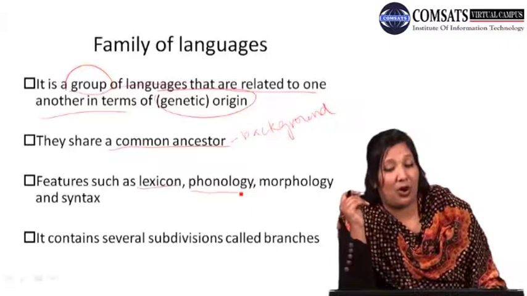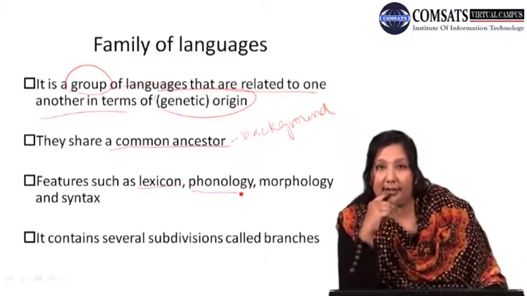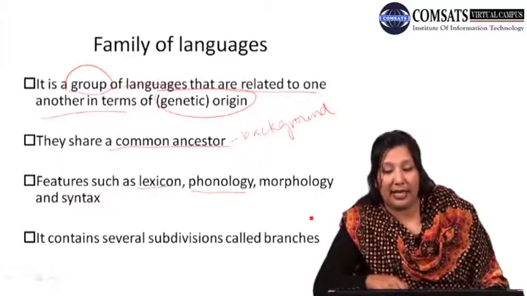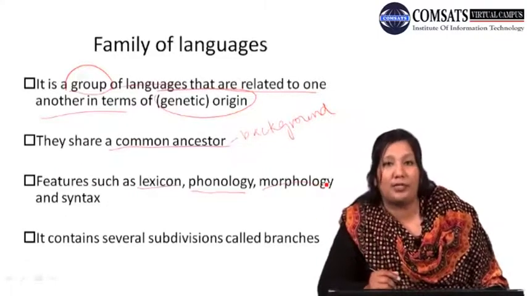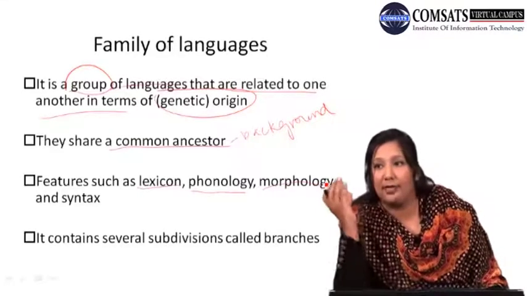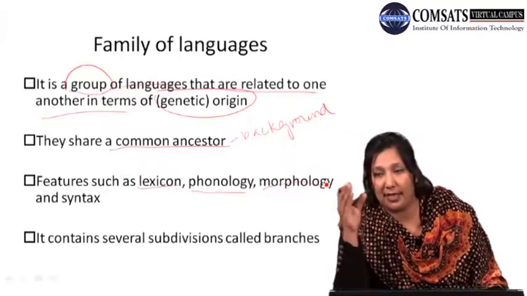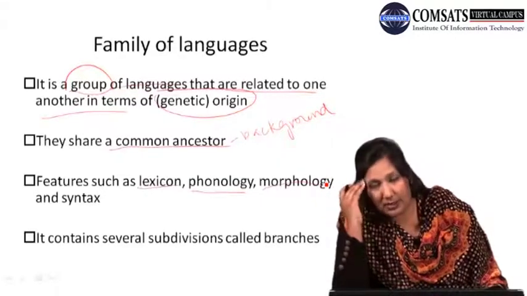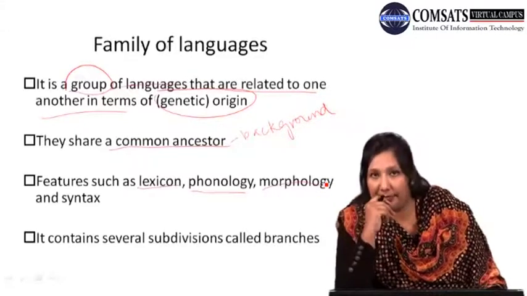Features such as lexicon and phonology, and then morphology and syntax. There are some other features like morphology. Morphology is word formation, where one word has its base and another word has some kind of suffixes and affixes and things like that.